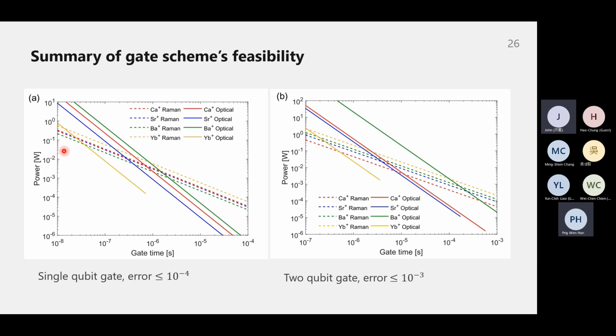In general, the laser power accessible by current laboratories is around 1 milliwatt to 100 milliwatts. As you can see, under current circumstances the gate time is around 10 to the power of -7 seconds for single qubit gates, and around microseconds for two-qubit gates.